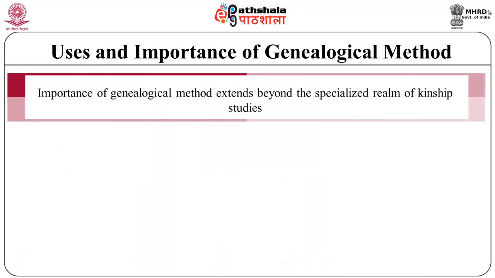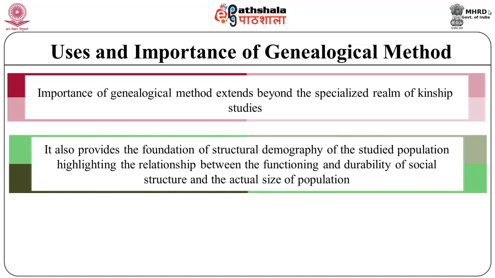The importance of the genealogical method extends beyond the specialized realm of kinship studies. It also provides the foundation of the structural demography of the studied population, highlighting the relationship between the functioning and durability of the social structure and the actual size of the population.